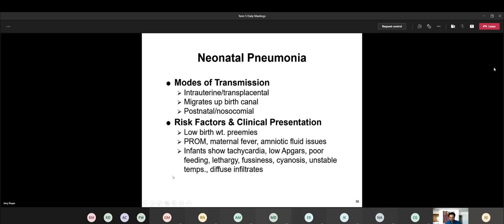And then other things that are kind of unexplainable, like why is the baby really not feeding, and a little bit sluggish. It looks a little bit more sluggish than it should be, et cetera. So all these things are pretty much going to be red flags to say that possibly pneumonia has set in.